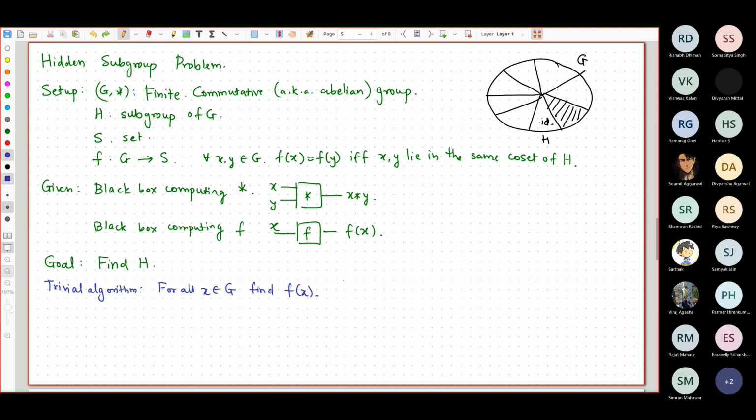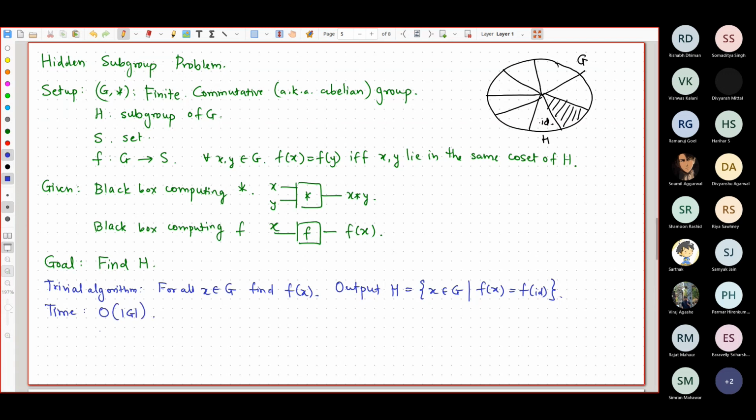So output H, which is equal to the set of all x in G such that f(x) is equal to f(ID). Right, so this is a trivial algorithm. How much time does this algorithm take? Assuming that these black boxes return their output in unit amount of time, this takes time order size of G.